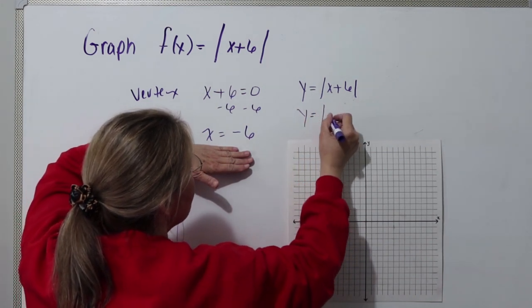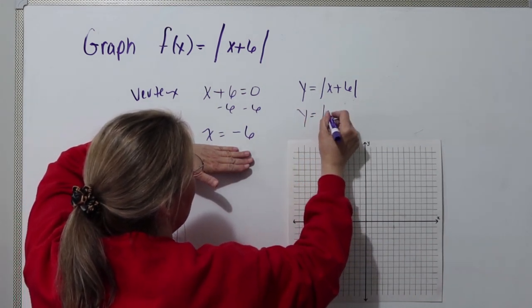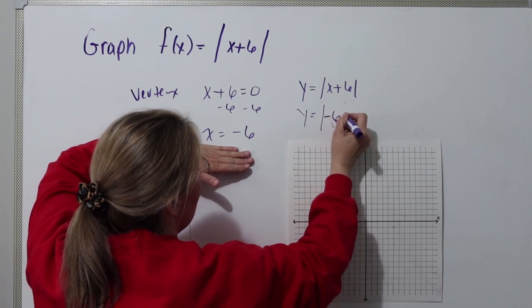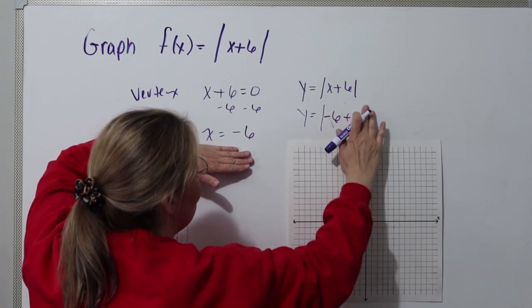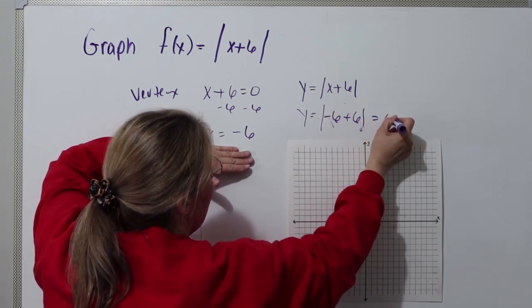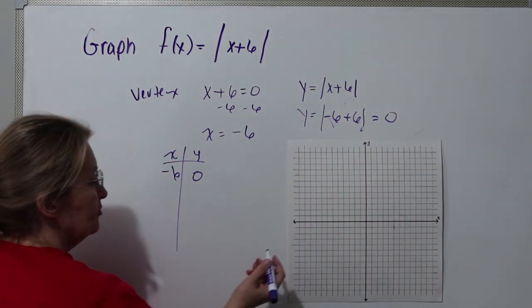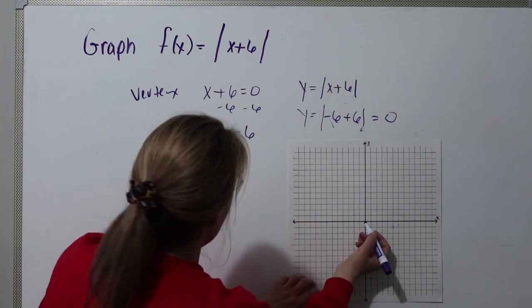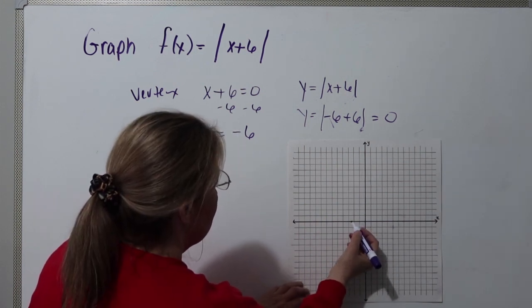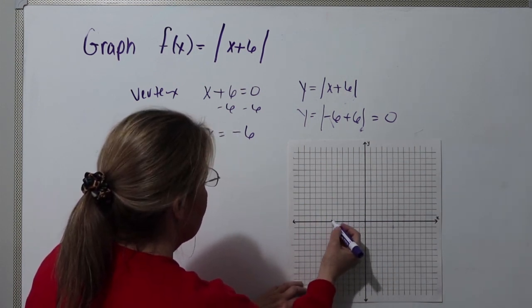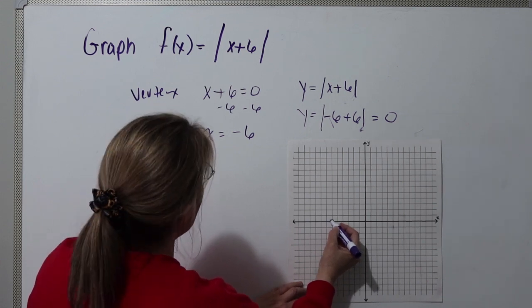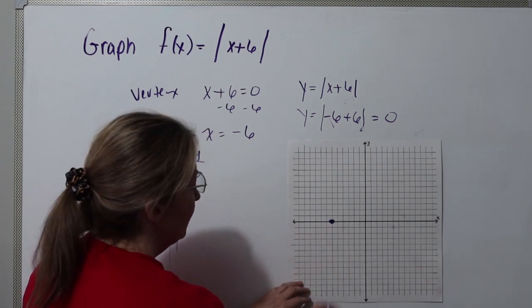So if I have y is equal to absolute value of negative 6 plus 6, then y is equal to 0. So this is my vertex point, and I can go ahead and graph that. Come over 6, 1, 2, 3, 4, 5, 6, and 0. So I've got a point right here.